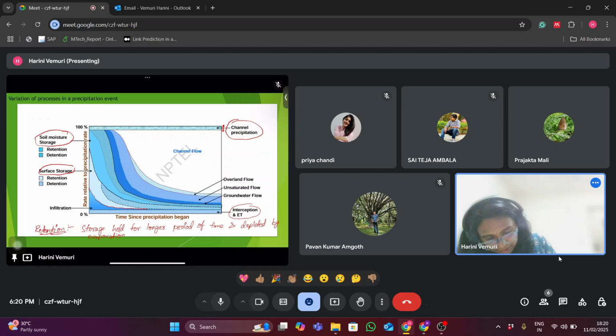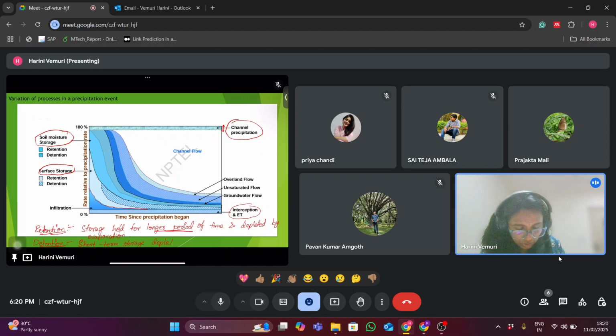This is called retention. And there is one more term, detention. Here we should concentrate mainly on the term longer time. When the storage is held for a longer time, it is called retention. And if it is short-term storage, it is called detention.